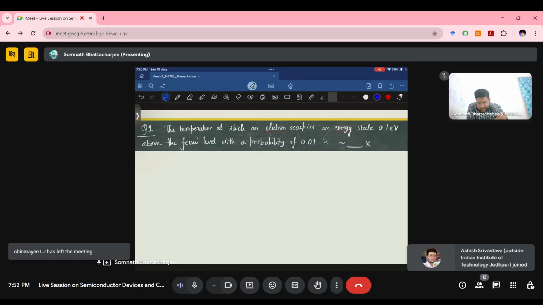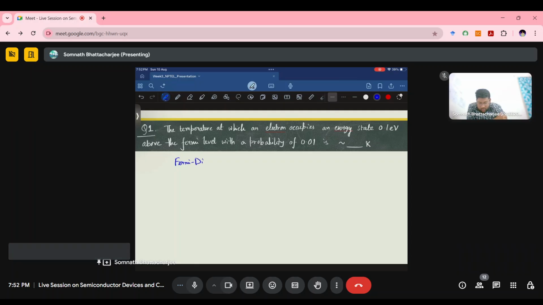Maybe let me write this: F(E) equals 1 divided by 1 plus e to the power (E minus EF) divided by kT. So from this, try to solve this.